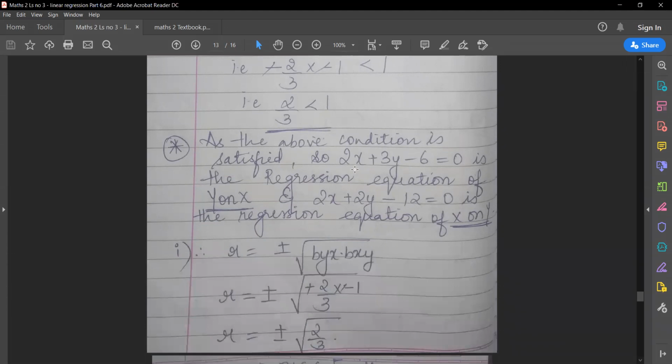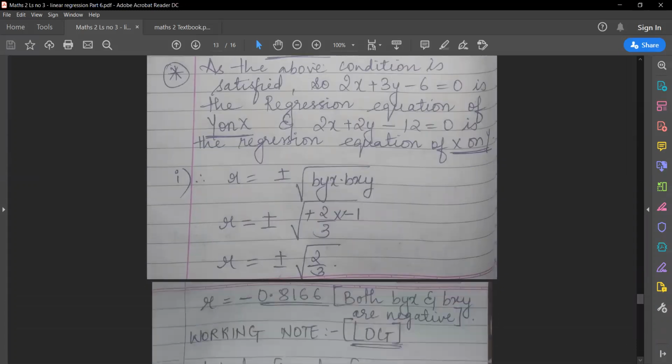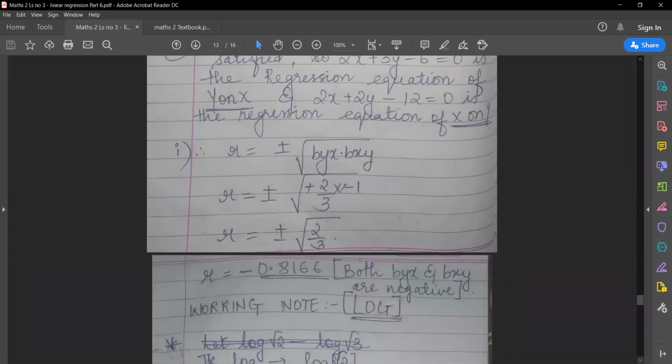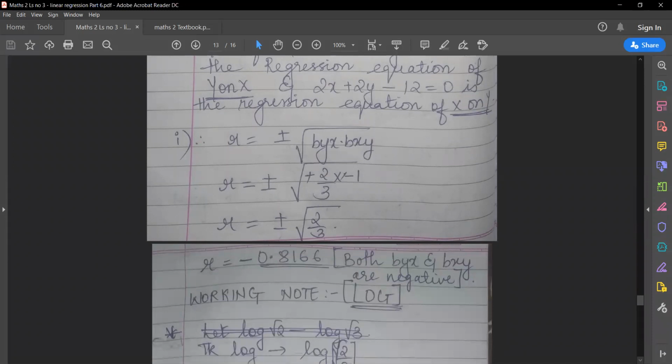So we can say 2x plus 3y minus 6 is equal to 0 is the regression equation of y on x, and 2x plus 2y minus 12 is equal to 0 is the regression equation of x on y. So r is equal to plus minus square root of byx into bxy. So I am getting the answer as plus minus square root of 2 by 3.